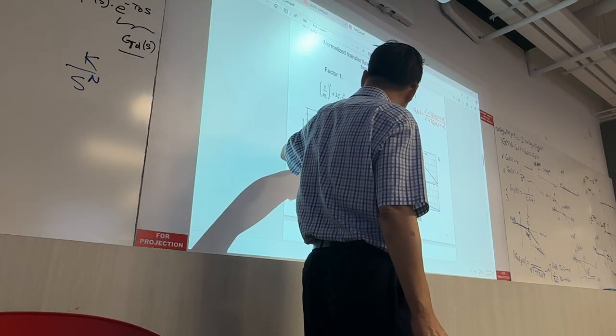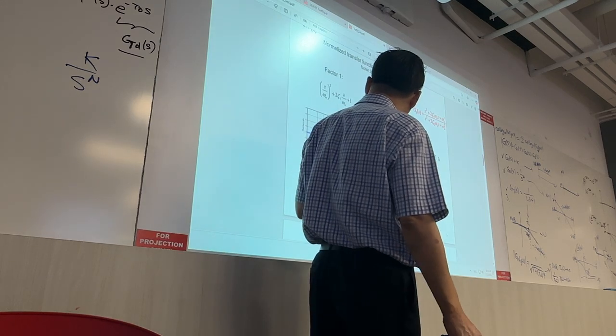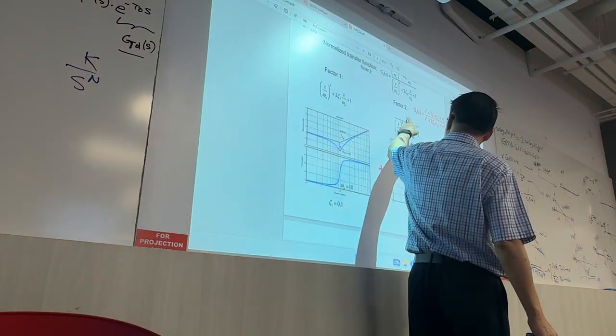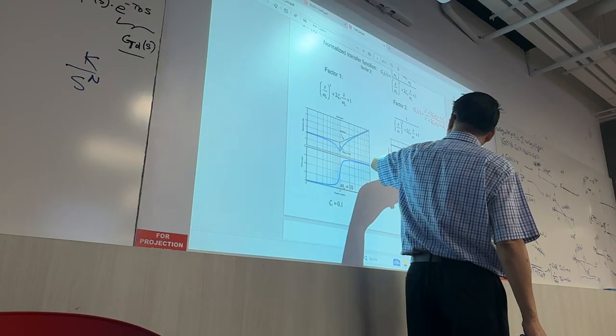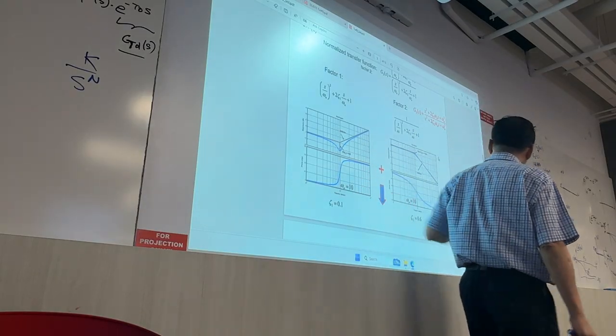Here, the difference is 20 log damping ratio, which is negative 14 dB. And then here, this guy is what we have shown here, but the damping ratio is given.